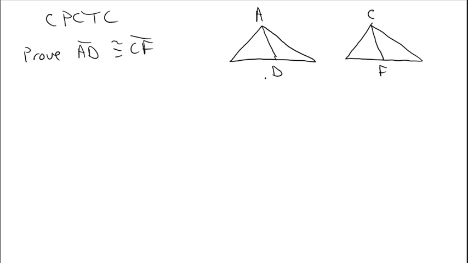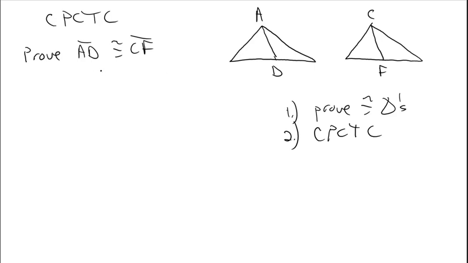Here we're not trying to prove congruent triangles, we're trying to prove a certain segment is the same. Anytime you have segments or angles you're trying to prove congruent in the context of triangles, what you want to do first is prove congruent triangles. Once you have congruent triangles, we know the corresponding parts are the same, and that's going to help us get that information.